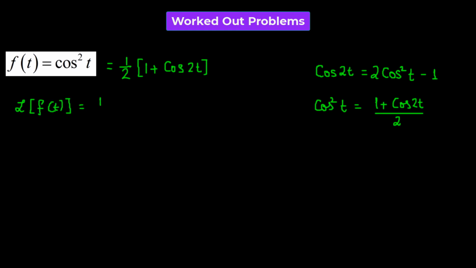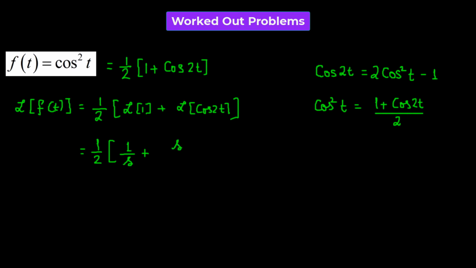So that is equivalent to saying half times the Laplace transform of 1 plus the Laplace transform of cosine 2t. So we have half multiplied by the Laplace transform of 1, which is 1 over s, plus the Laplace transform of cosine of 2t, which is s divided by s squared plus 2 squared, which is 4.